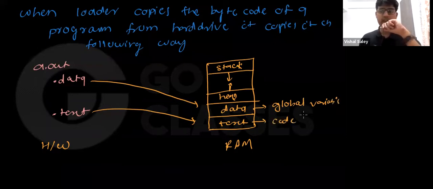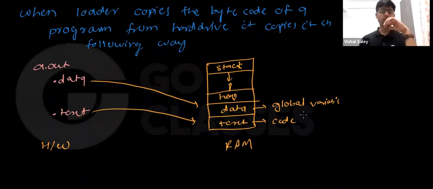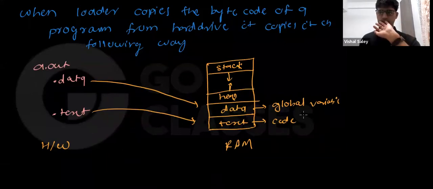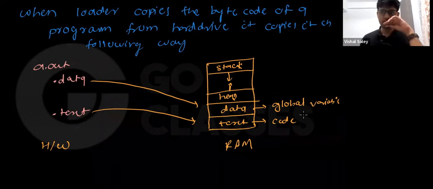Somebody asked where the local variables are. Local variables only make sense once your program starts executing. You have written int a = 1 in your main function, but unless and until main itself runs, you don't know what the value of a is.